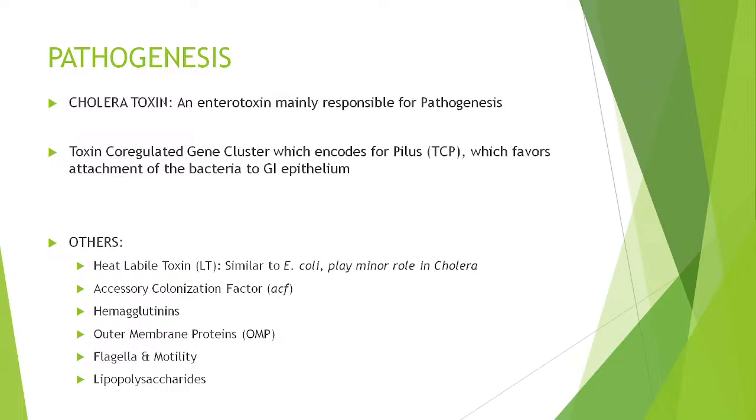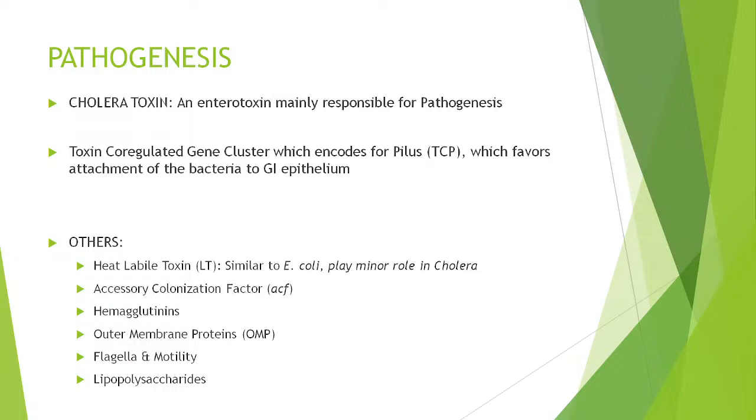Another virulence factor is toxin co-regulated pilus, TCP, which favors attachment. Okay, if TCP is not there, the bacteria is not able to attach. So virulence is severely reduced for that bacteria. There are other virulence factors also, but they play a minor role. If you can remember, it is okay. There is a heat labile toxin just like in E. coli.